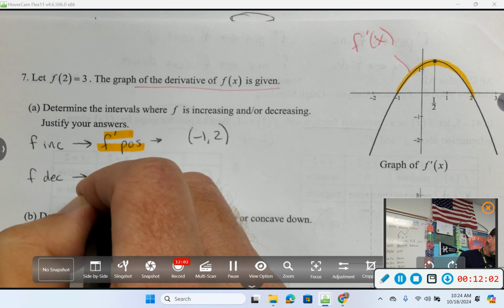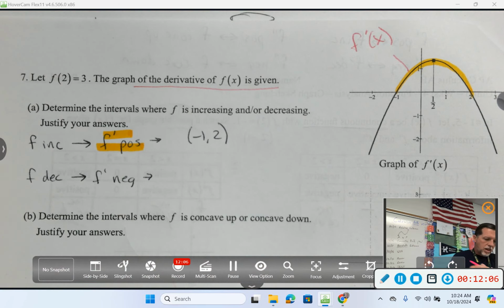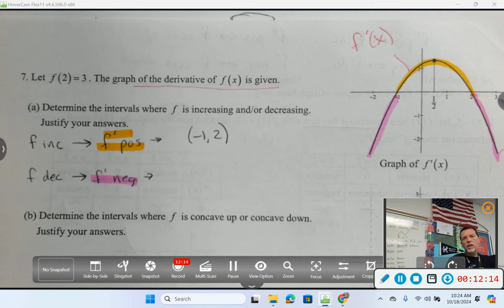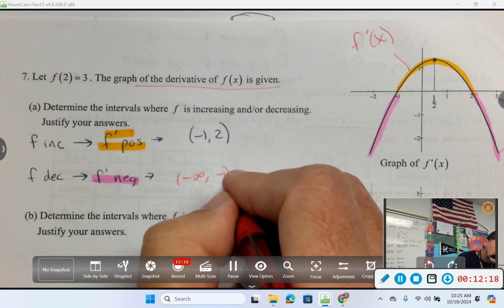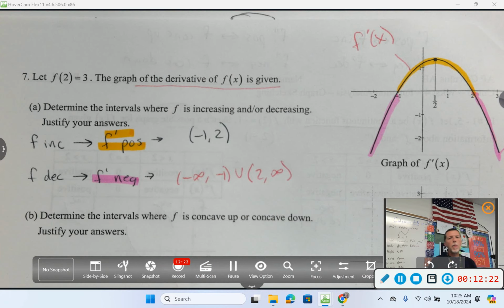F is decreasing when f prime is negative. F prime is negative there and there. So that would be -infinity up to -1 and 2 to infinity. Because I'm only looking at the sign of f prime.